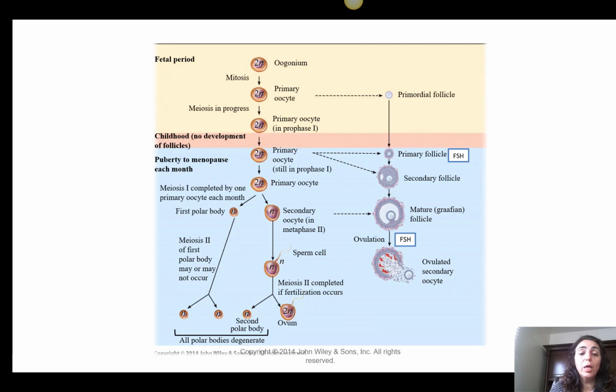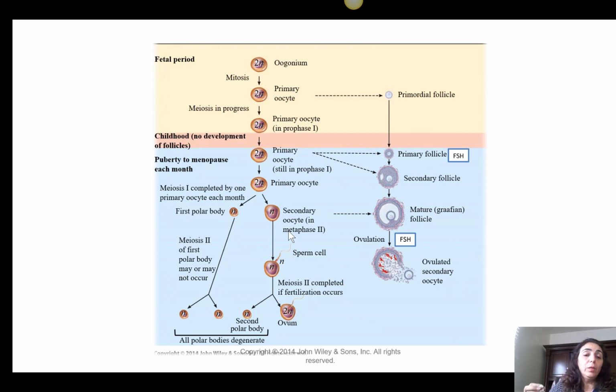It is not a mature oocyte yet. It is not a complete oocyte or ovum yet, but that is the one that is released from the ovary. Then from the ovary it goes into the fallopian tube and continues its way toward the uterus, right?